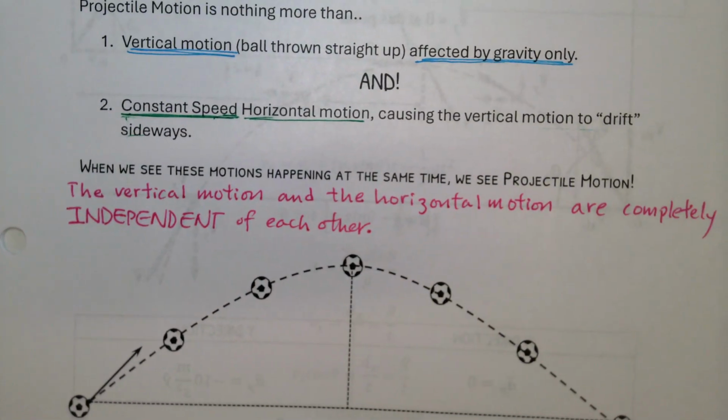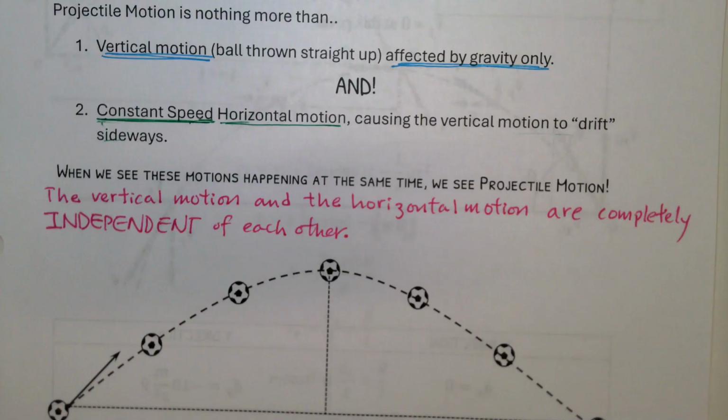So the vertical motion and the horizontal motion are completely independent of each other. However, there's one common item between the two, and that is time. Time is the only common thing, right, between the two.